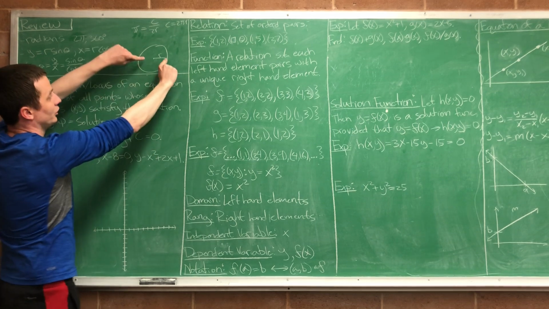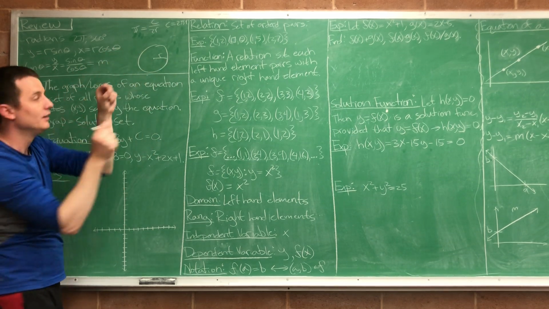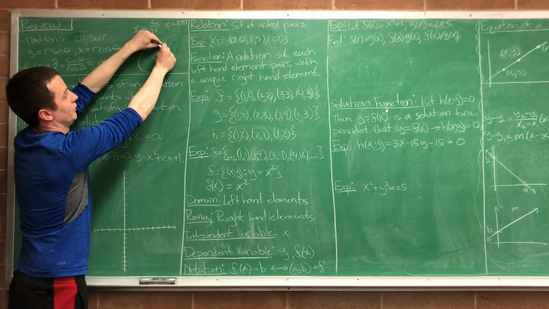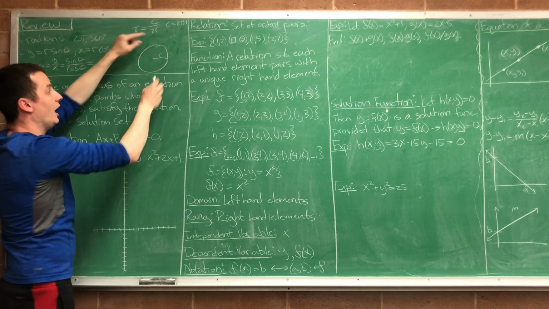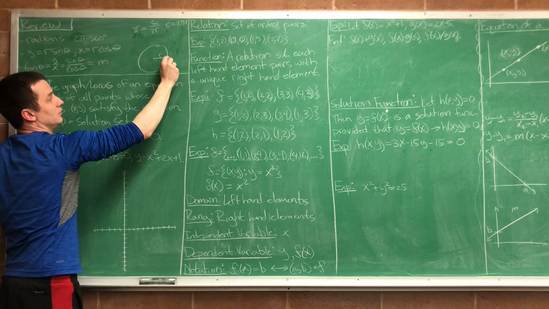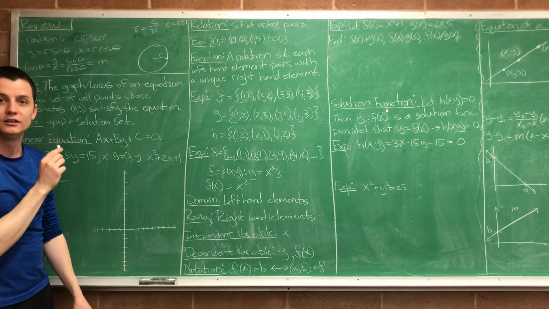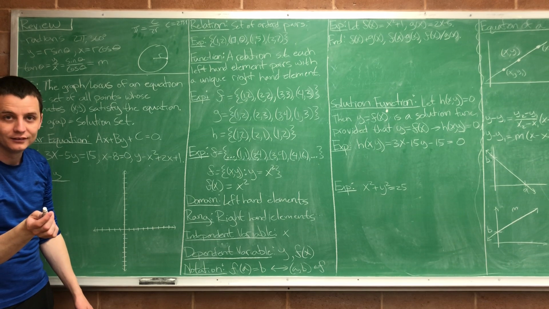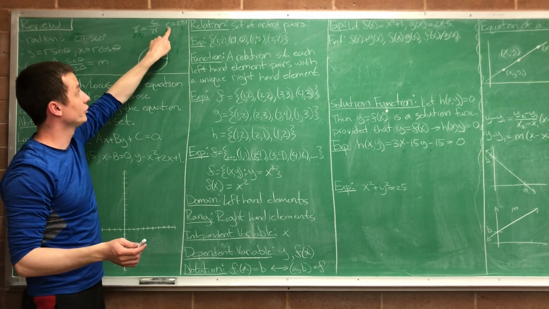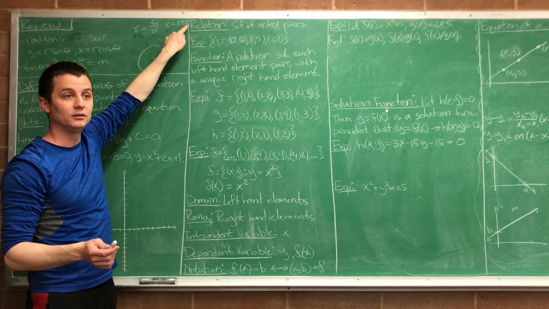Now imagine I took a string that was the length of that radius and started wrapping it around the circumference of the circle. How many strings of this length do I need to get all the way around the circle? 2 pi. This has length r. The circumference of the circle is 2 pi r.